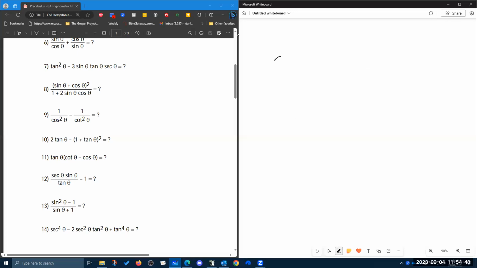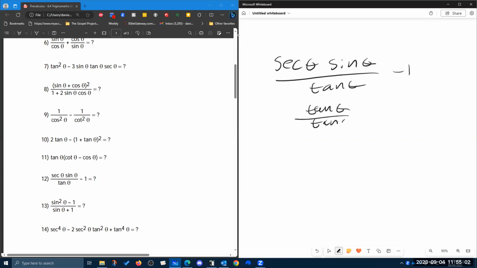Now we have secant theta sine theta over tan theta minus 1 is going to be sine over cosine is tangent over tangent. 1 minus 1 is 0.